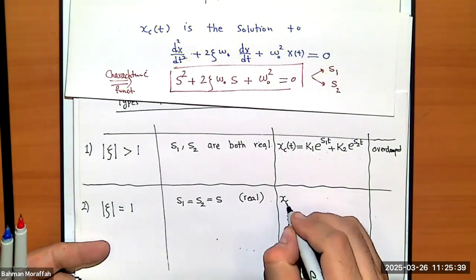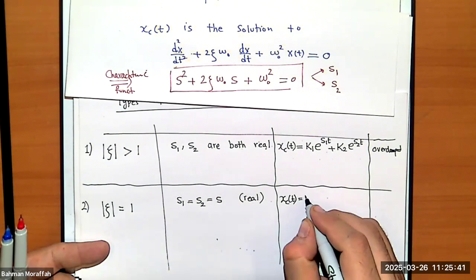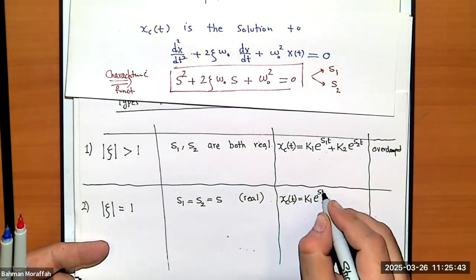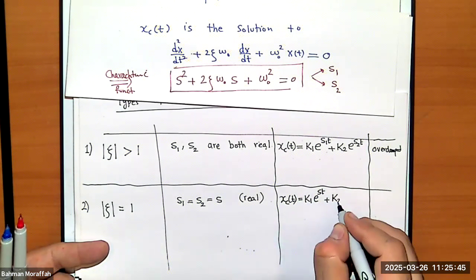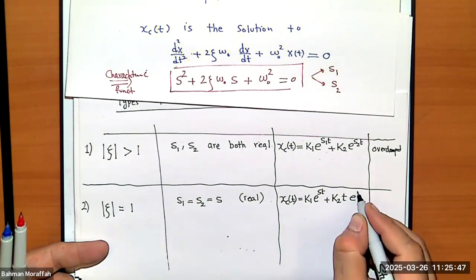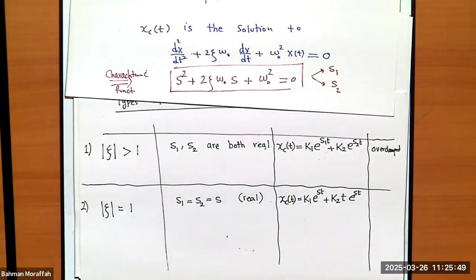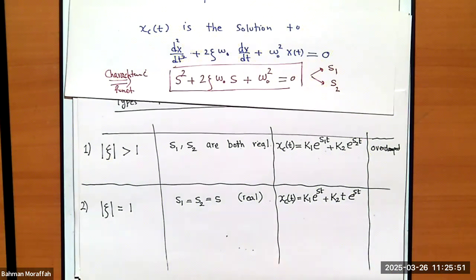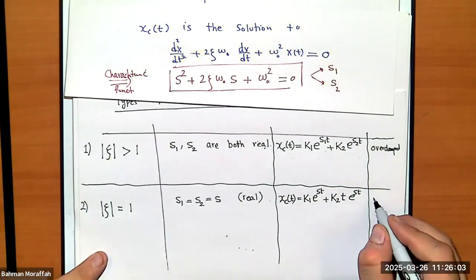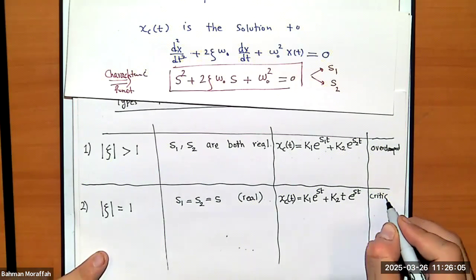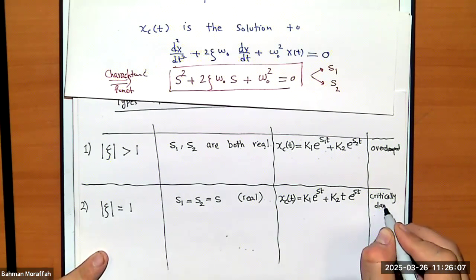And we know the solution xc of t is some k1 e to the st plus k2 t times e to the st. We said we have to multiply the second solution by t, so we have two independent solutions for this differential equation. So when we're computing the Wronskian, that is actually non-zero. Right? And we call this solution critically damped.